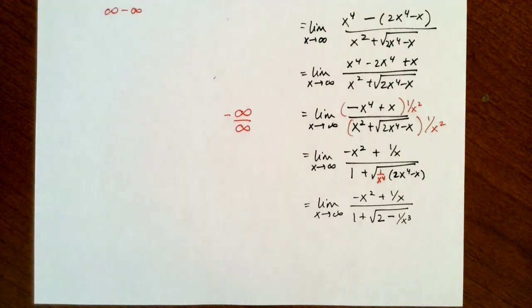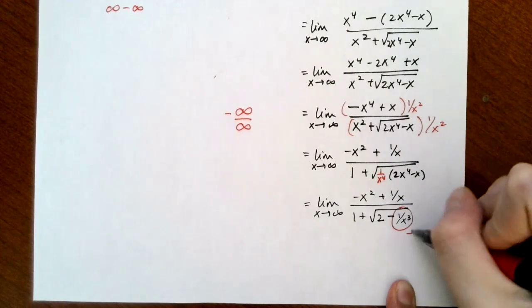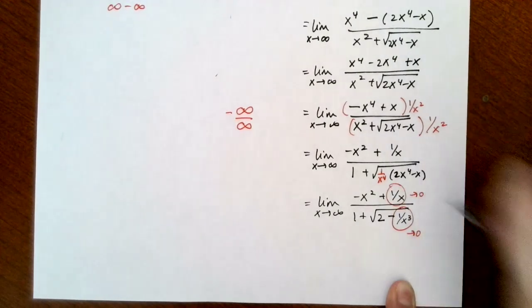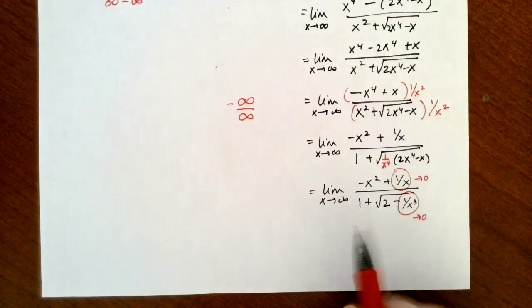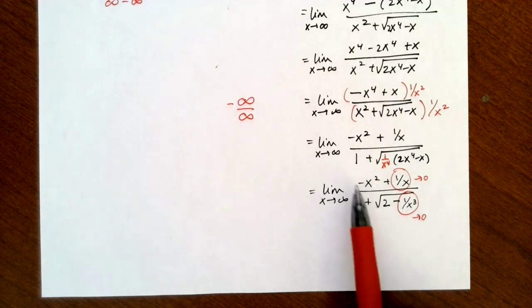So we do have a lot of pieces of this expression now that go to 0, the way that this strategy usually ends with, right? So we know that this part goes to 0, and so does this one. And then we have the 1 and the 2 and the root 2 in the denominator that just stay that way. But in a fairly unusual situation, we have this negative x squared term here.